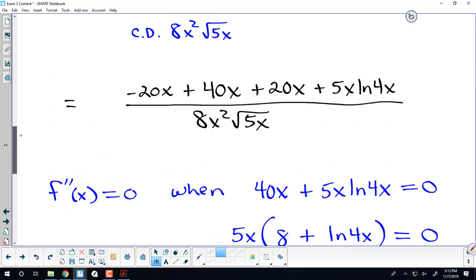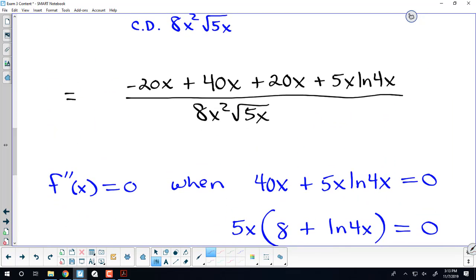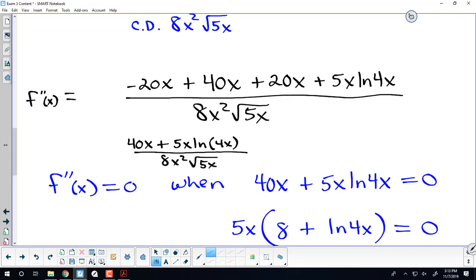What was the question asking for, when it's concave up or concave down, is that right? Well, our second derivative is really just 40x plus 5x ln 4x all over 8x squared root 5x. So notice the denominator is always positive, right?